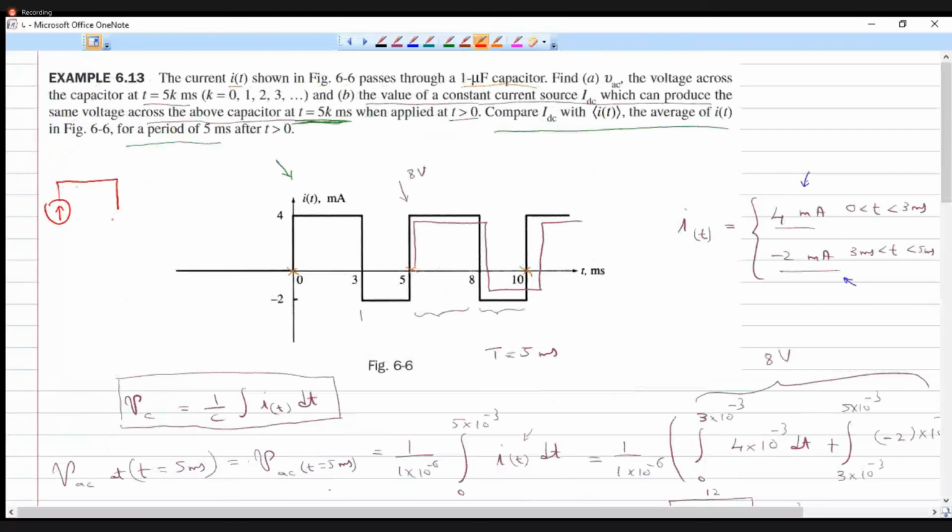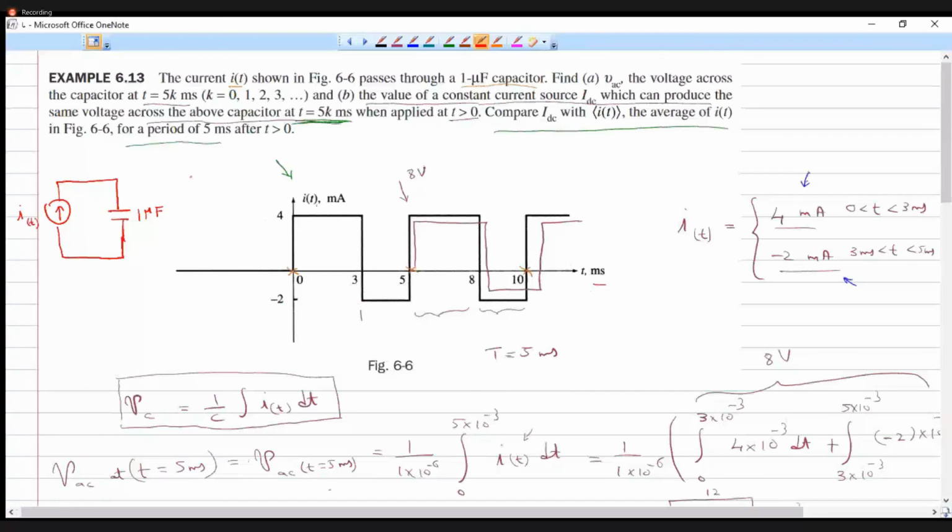We have a capacitor whose value is 1 microfarad, and the current is given as a time varying current. It has a pulse square wave kind of shape, which varies from +4 milliampere to -2 milliampere, and the time is given in millisecond.